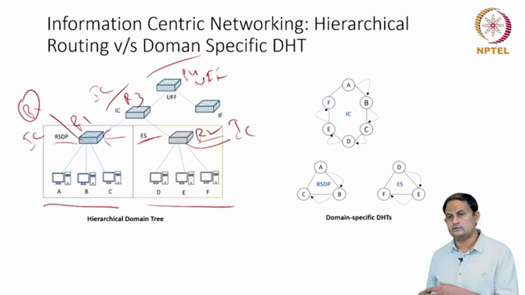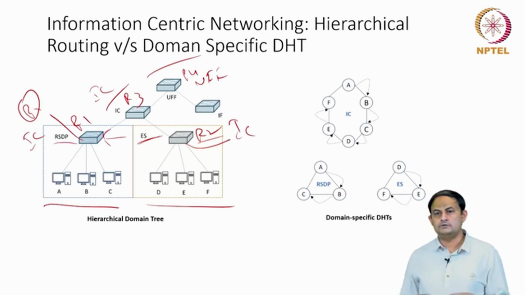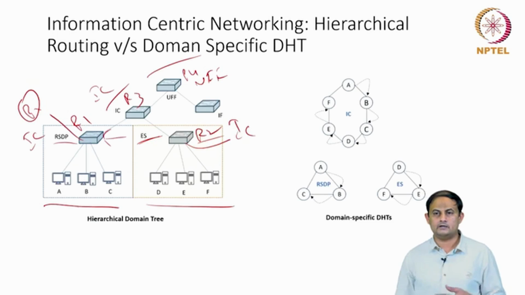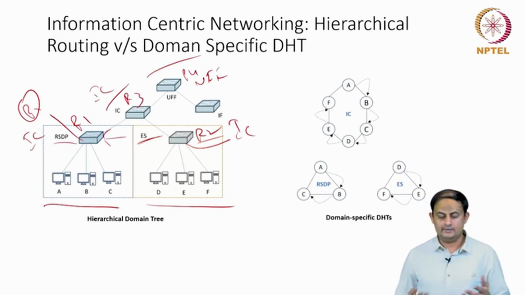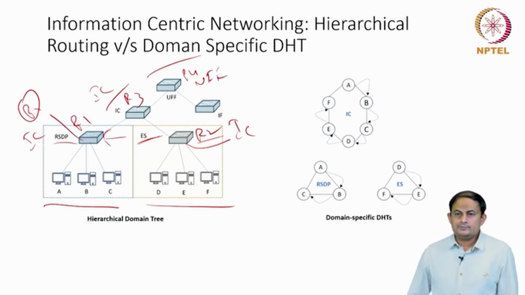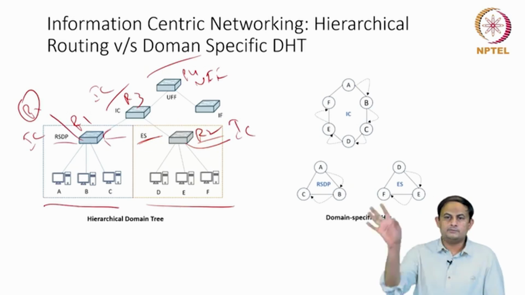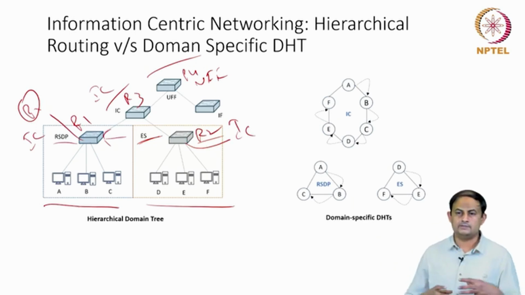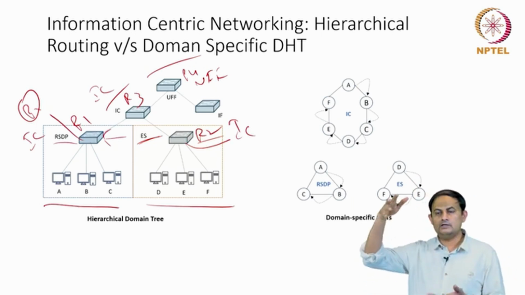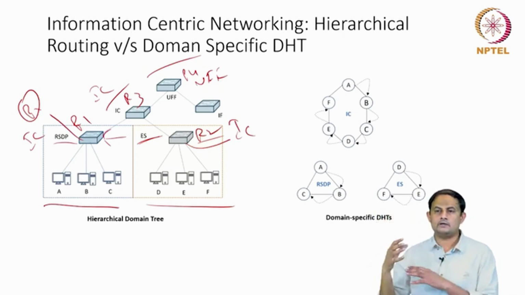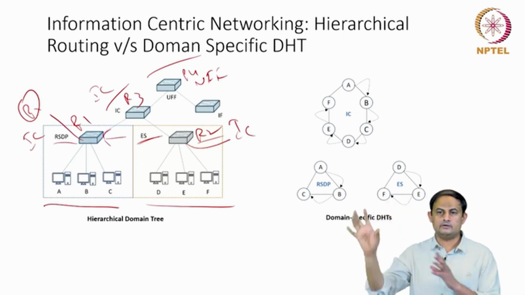The other one is motivated from the peer-to-peer networks that operate over the IP networks. These peer-to-peer networks use something called a distributed hash table. What this distributed hash table is, basically, is a list of all the nodes which have a particular content type.